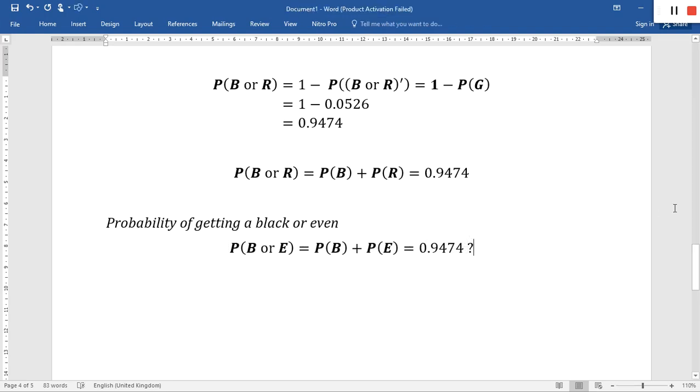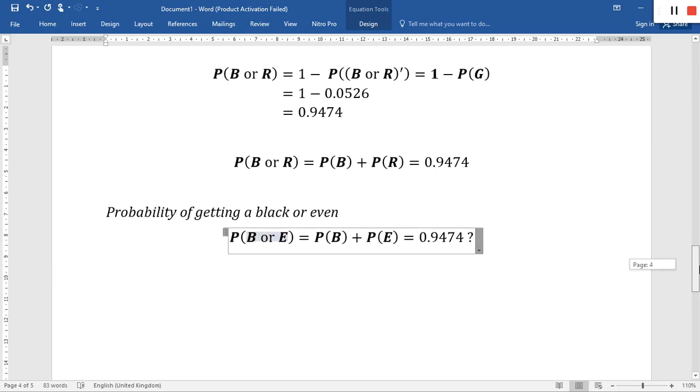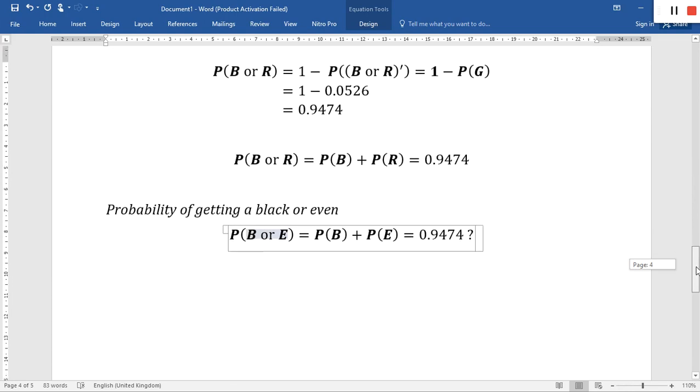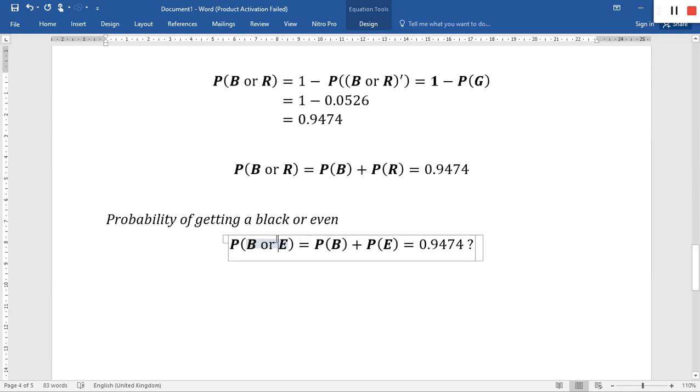Because you have to be very careful, if you just do it this way, you're going to have a problem, because now I want to introduce the idea of mutually exclusive events. The black and red are mutually exclusive, but black and even are not mutually exclusive. So when we're calculating the event of this or this, if you've been here from the beginning, everything looks simple, but this is where probability starts getting very tricky, and you have to be very careful with the notions in order not to get the wrong interpretations. I don't know if that makes sense.